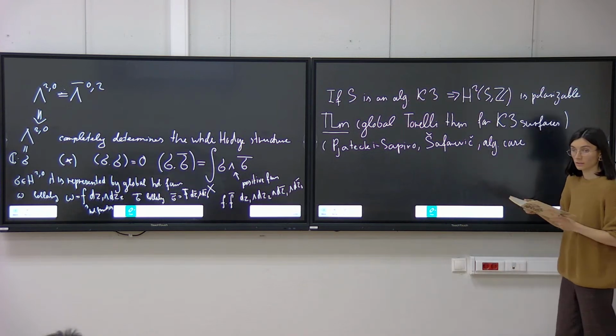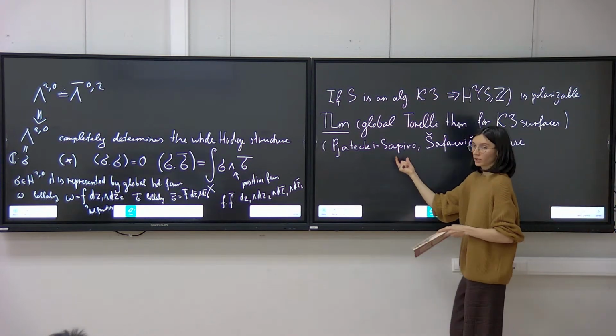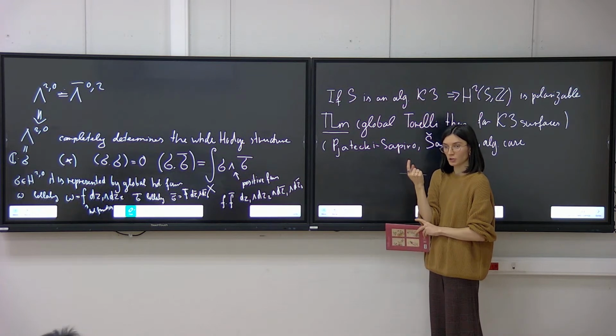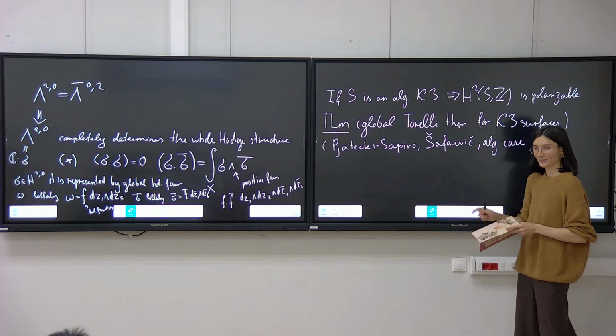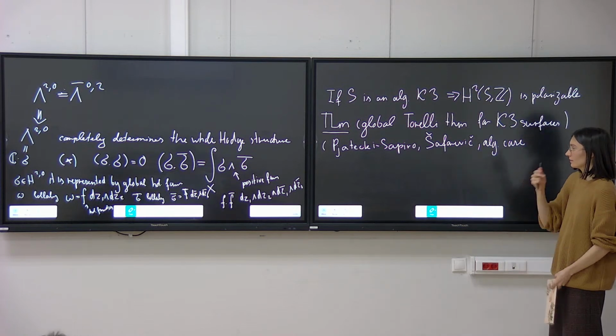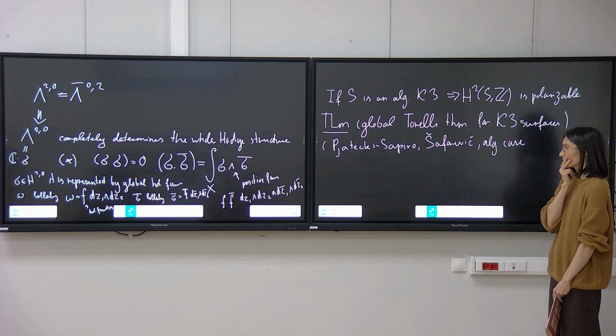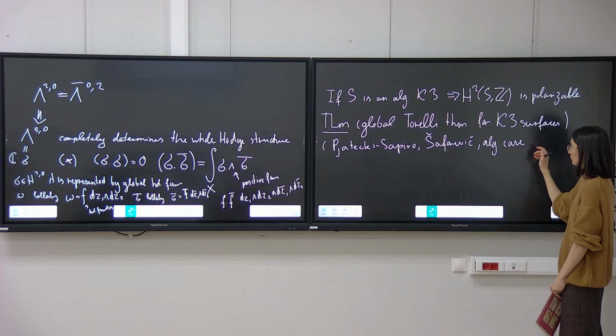They are two different people? No, Piatetski-Shapiro is one person, and Shafarevich is the other one. Okay, I think historically this was the first proof in the algebraic case.